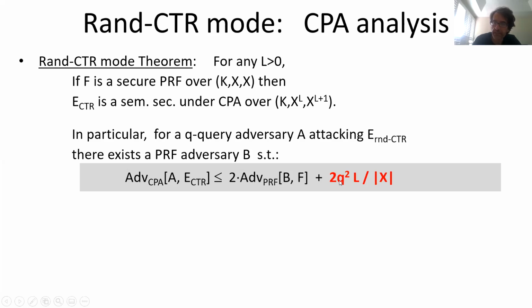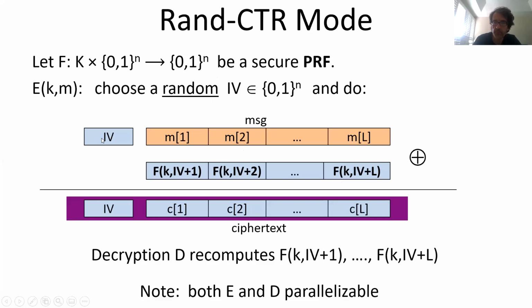This Q squared is because, for the same argument, think of L being 1. So therefore, this is exactly the encryption I was telling you. Messages are short blocks. For every message, I get a new IV, and I just XOR F_K of IV, well, plus 1, but that doesn't matter, with my message.